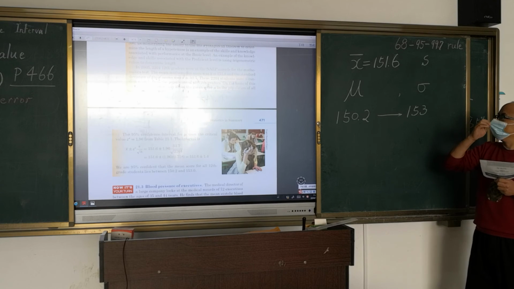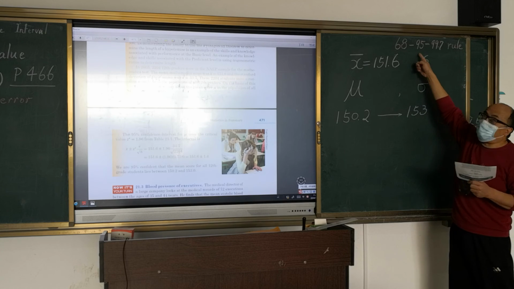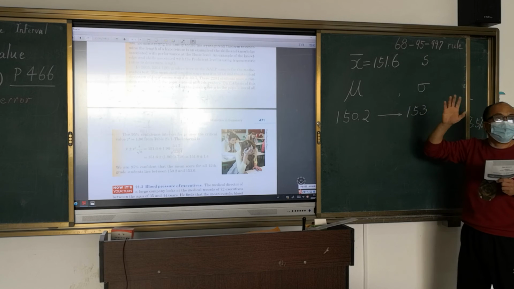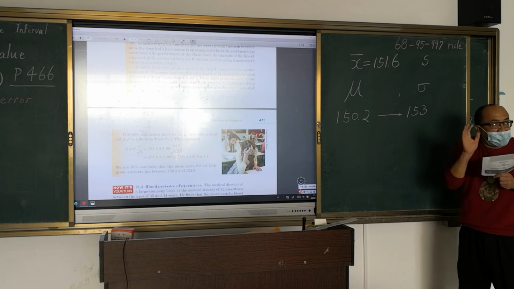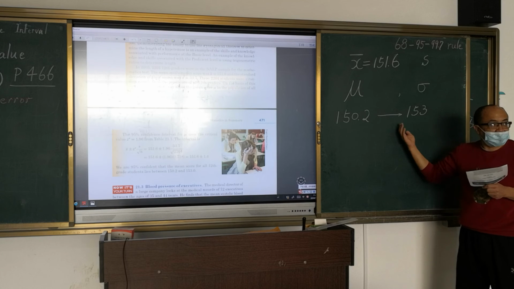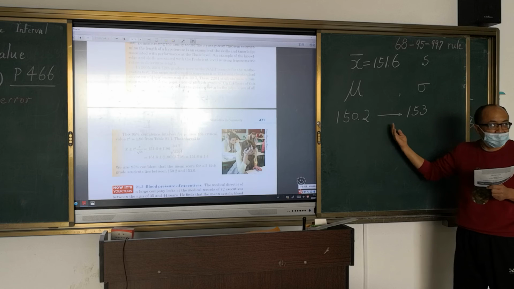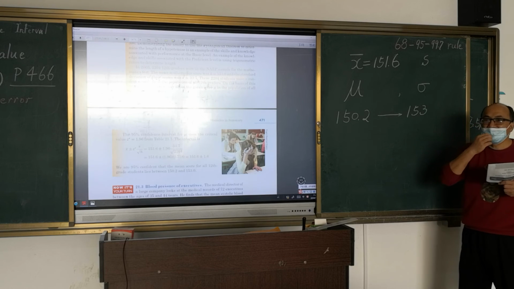That means normally they use 95%. Means the majority of people, 95% healthy people, is in this range. Some kind of medical number is in this range.